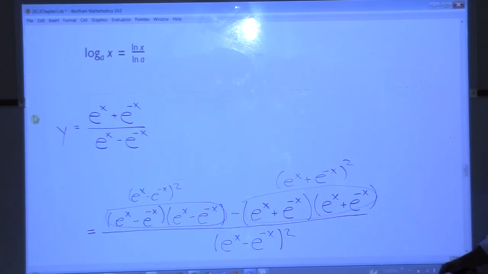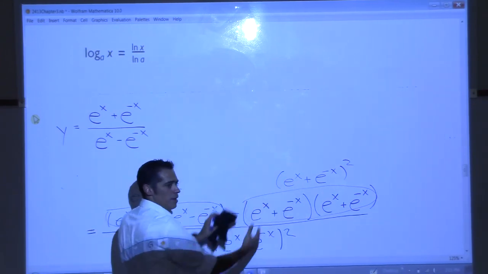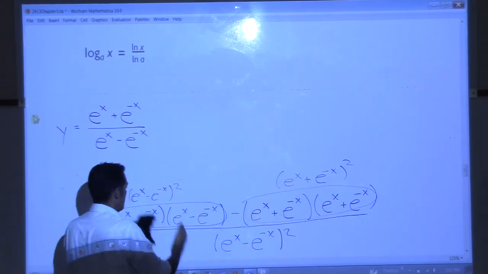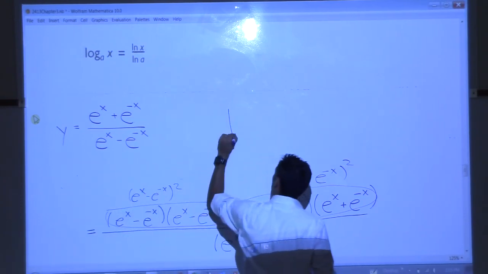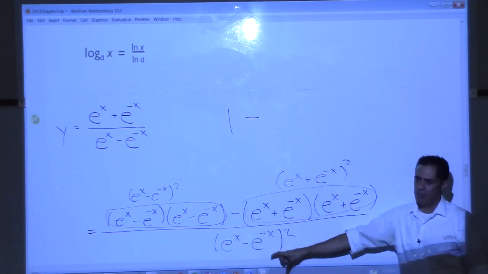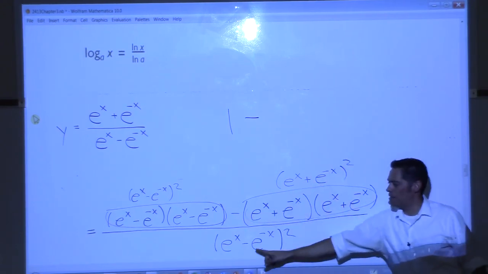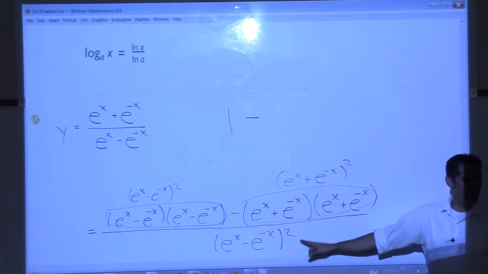So if I split this into two fractions, I did this over this minus this over this. I could do that, right? So if I did this over that, what would I get? 1. So I get 1 minus, because there's a minus here, and now this over this, right? Those aren't the same. This one has a plus, this one has a minus, right? But they're both squared, aren't they?